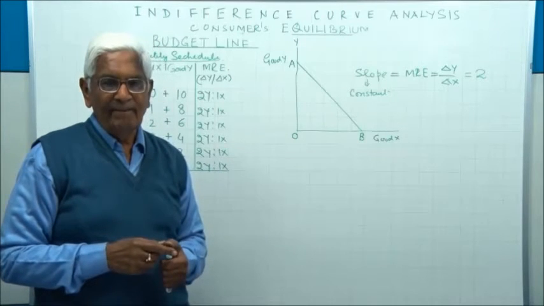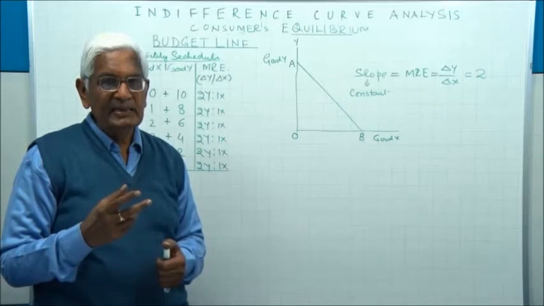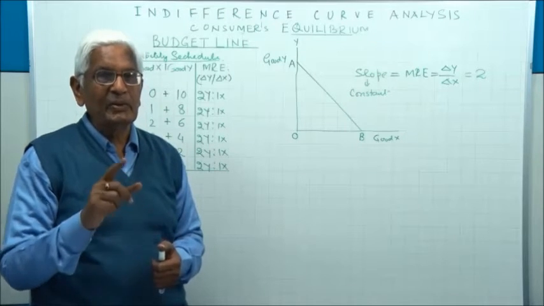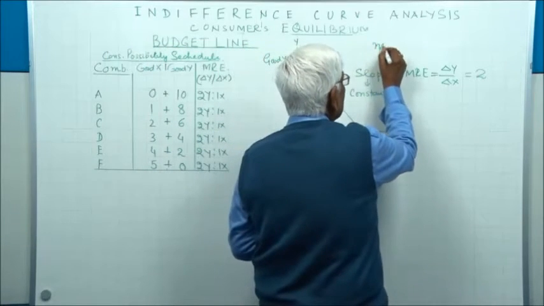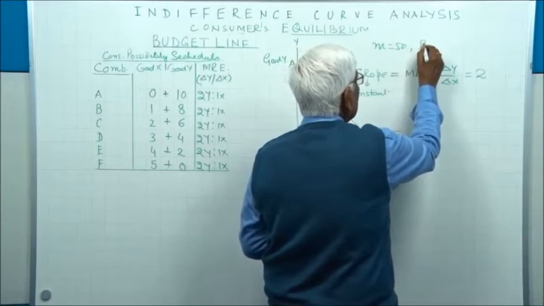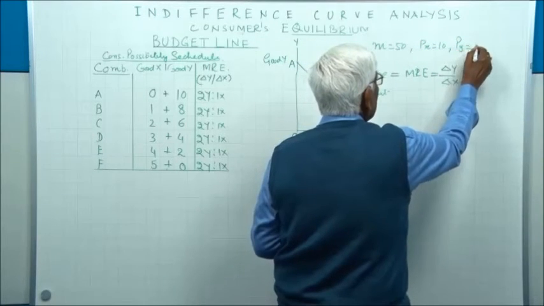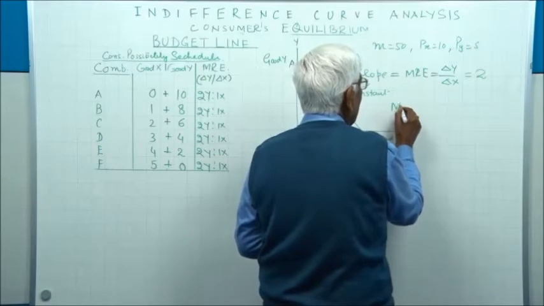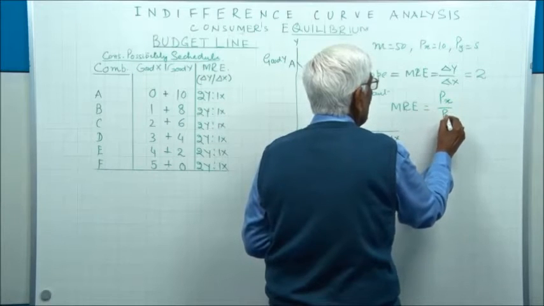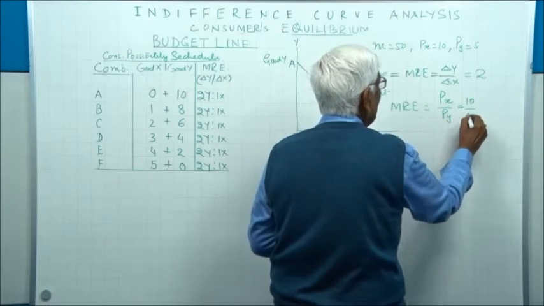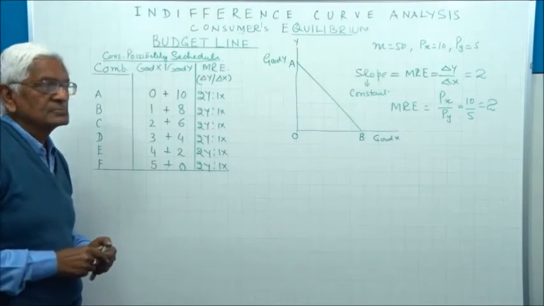Before we move further, we can calculate MRE in another way. We are given M is equal to 50, PX is equal to 10, PY is equal to 5. MRE will be equal to PX upon PY is equal to 10 upon 5 is equal to 2.